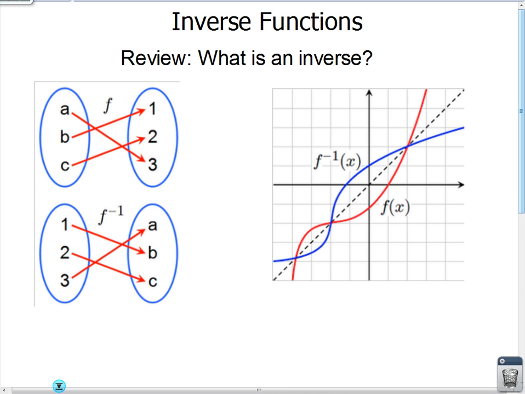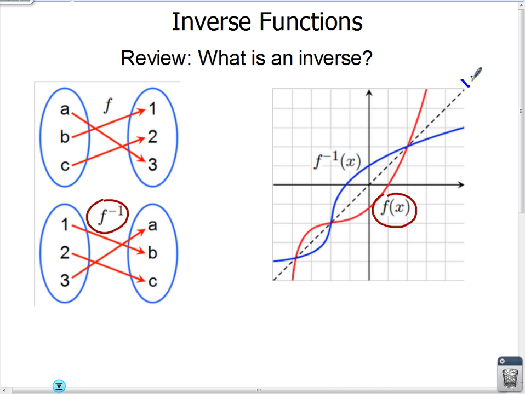So inverse functions, review what is an inverse. And here you see a picture from previous chapters. If your original function carries you from A to 3, from B to 1, C to 2, then your inverse function goes backwards. Graphically, here's what an inverse and a function look like. If your original function in red looks like this, you have this line. Does anybody remember what this line is?